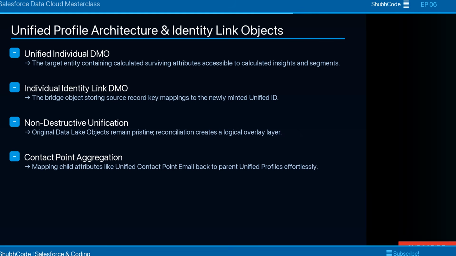The identity link object maintains a complete bridge table linking the original source keys from your individual DMOs directly to the single unified individual ID. This decoupled architecture guarantees complete lineage traceability. Source data in your data lake objects is never modified or destroyed. Instead, Data Cloud maintains physical source persistence alongside logical unified abstraction.